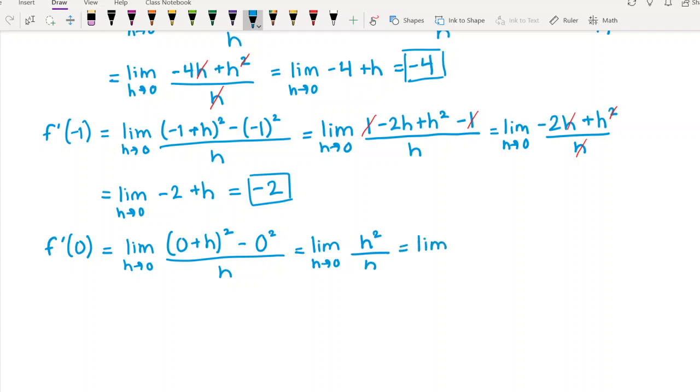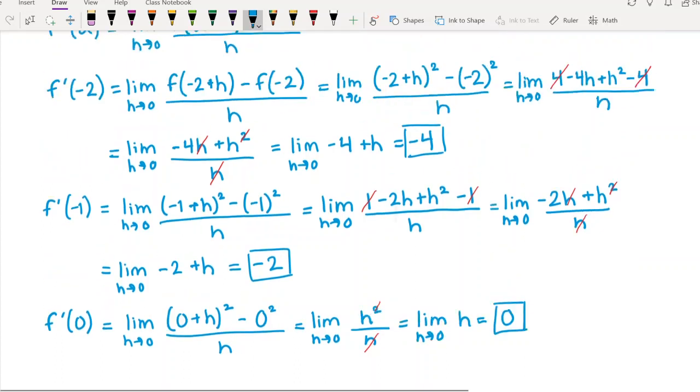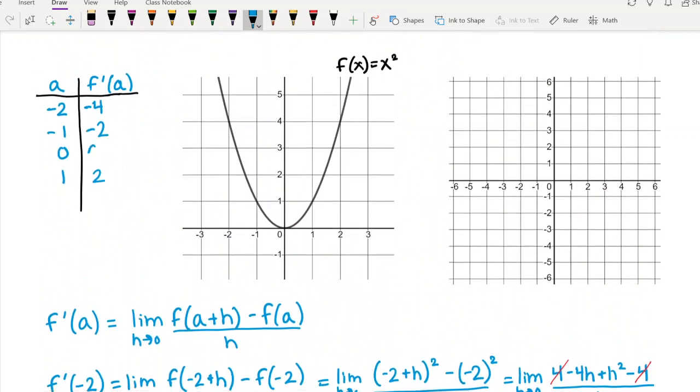And so that's the limit as h approaches 0 of just h, because we can do some simplification. And now we can just plug in 0 for h and we get 0. Okay. And by the way, that's not too surprising, right? Because if you look at the graph, if we go to x equals 0 and draw the tangent line, it looks like a horizontal line. And a horizontal line has a slope of 0.